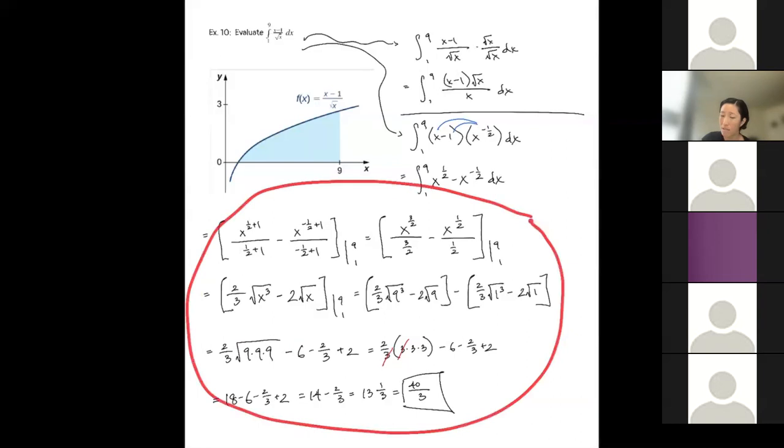Yes, I know you could do it in a calculator, but you're probably building a very strong foundation for Calc 2 right there, okay? So it's not all for nothing. It's a great opportunity to build that fluency, okay?